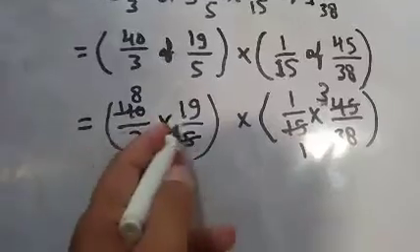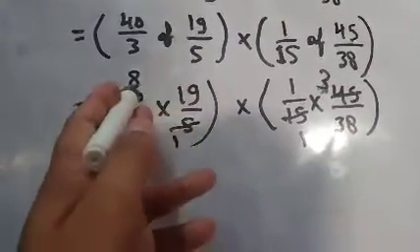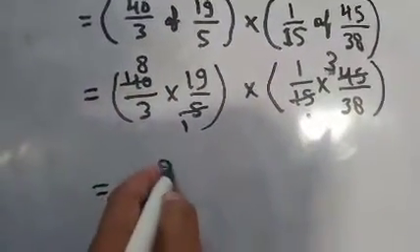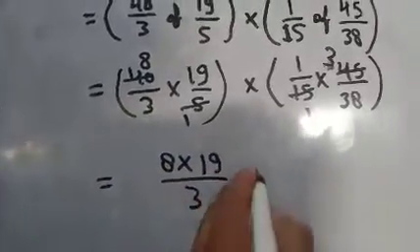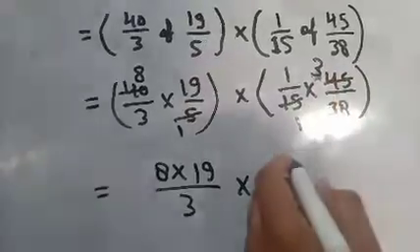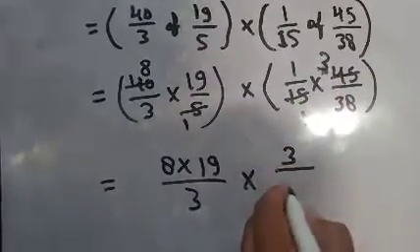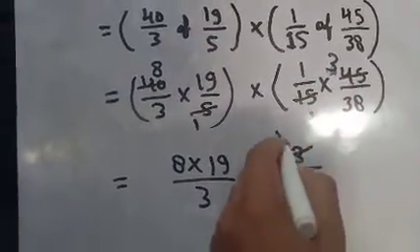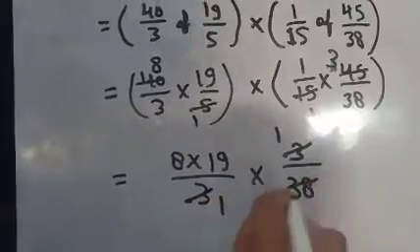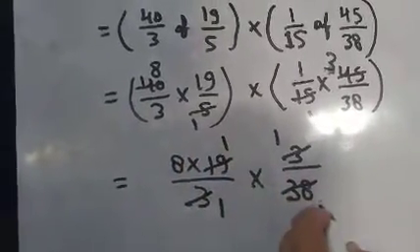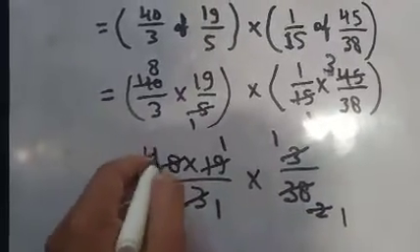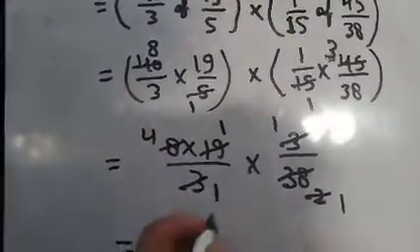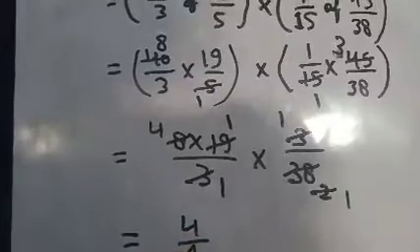Now product: 8 multiply 19 upon 3 multiply 3 upon 38. 3 ones are 3, 3 ones are 3, 19 ones are 19, 19 twos are 38. Then 2 ones are 2, 2 fours are 8. Then 4 ones are 4 upon 1.